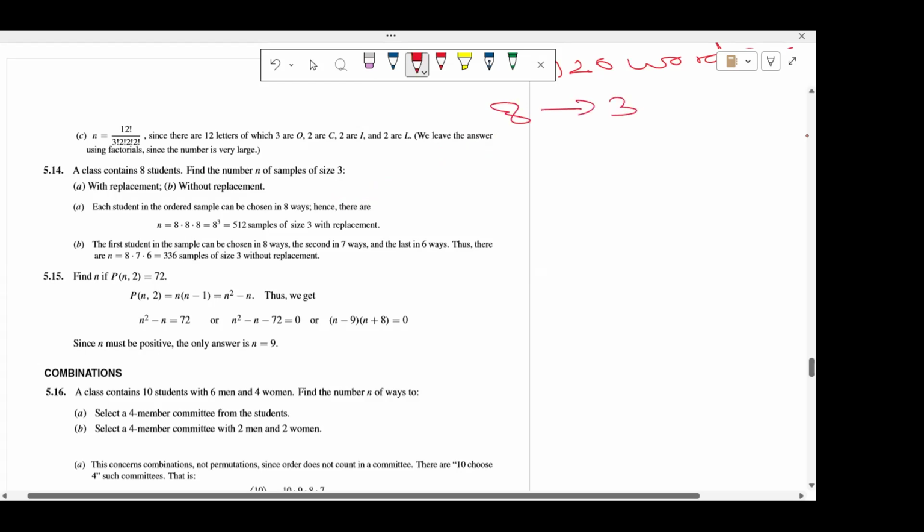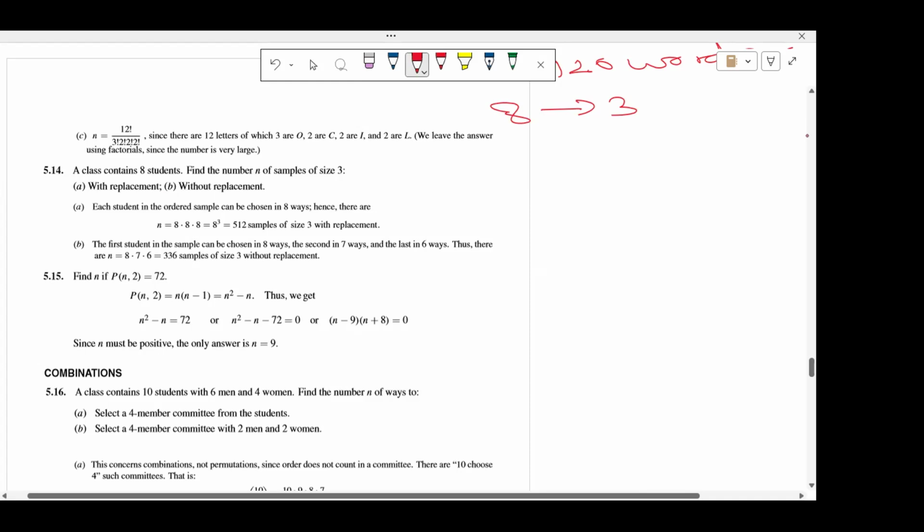So the first question, with replacement. With replacement, this is not a combination question, right? Why are they saying with replacement? If it is a student group, we cannot repeat the same student.